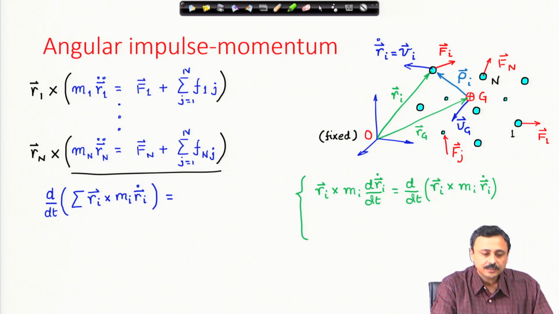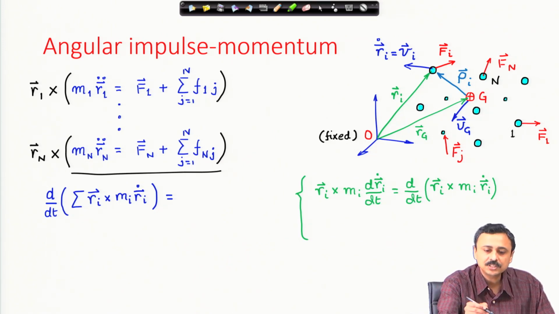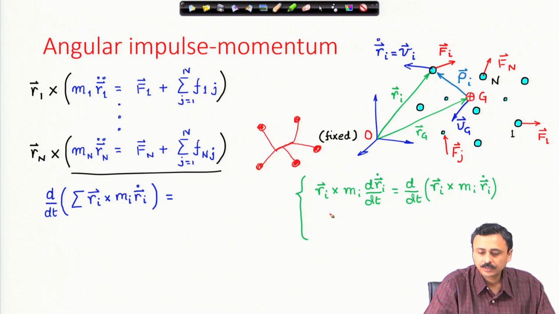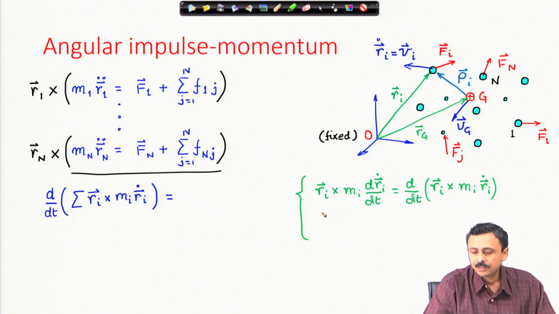I can write the left hand side simply as d/dt of the summation of r_i cross m_i r_i dot, and this follows from a step which we have seen before. That r_i cross m_i d/dt of r_i dot is d/dt of r_i cross m_i r_i dot. Now, why?